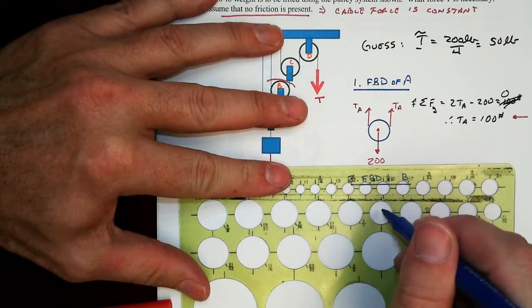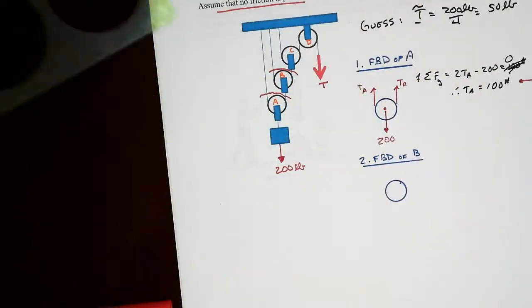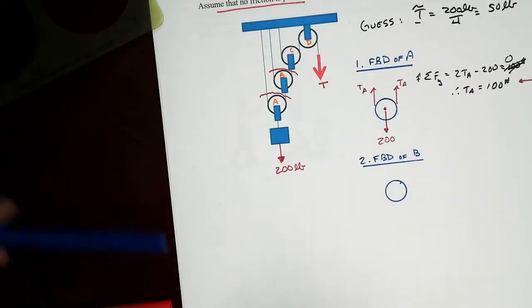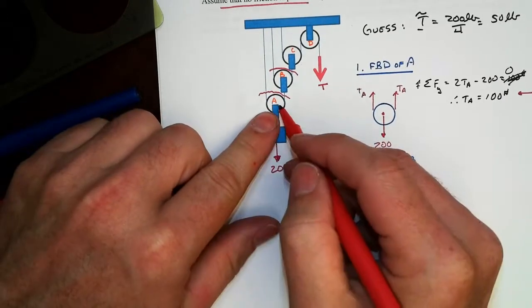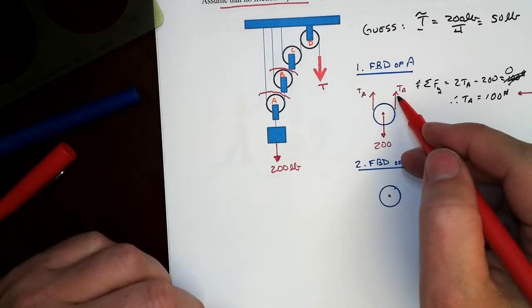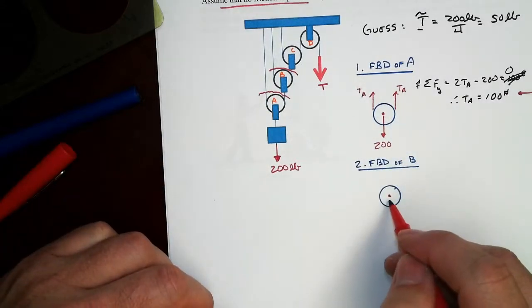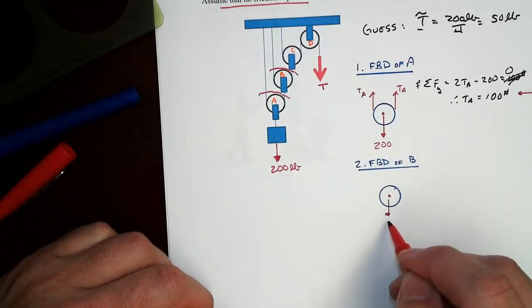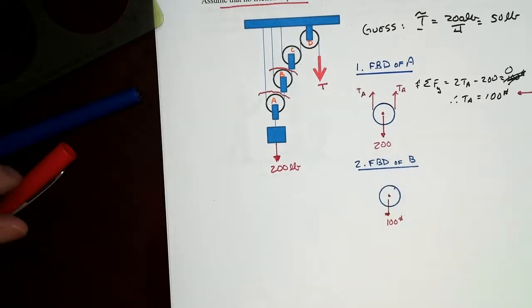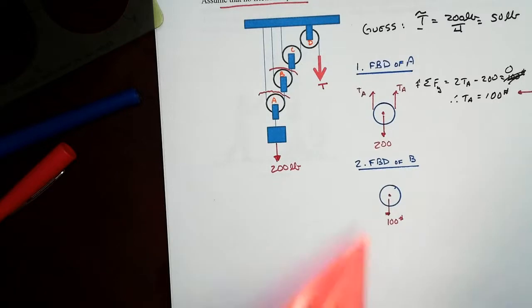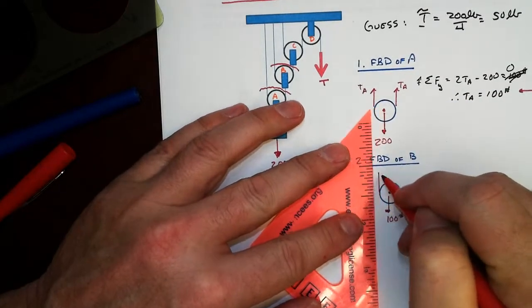Alright, so now we'll come in, take that circle, that's going to be pulley B. Note, now this little cable on the right hand side is pulling down on B at 100 pounds. And we've got the cable coming up.